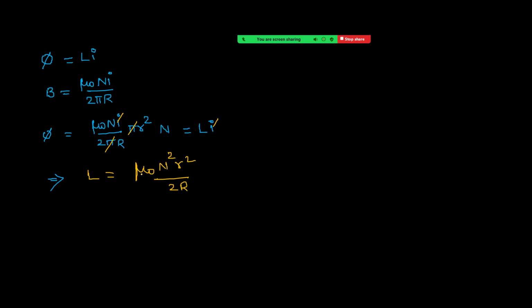Check it once: mu naught N square r square upon 2R.